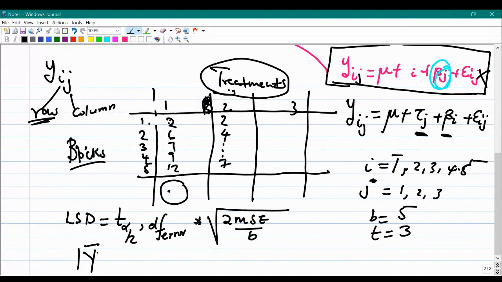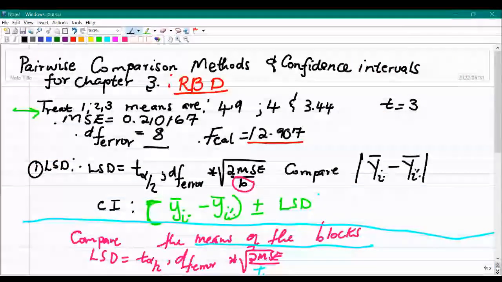This will be Y bar dot j minus Y bar dot j prime. Why am I using j now? Because my treatment goes with the what? On the columns. That's why I have to write the formula like this. It's different from what I wrote before, isn't it, my sister? It's different from this part.